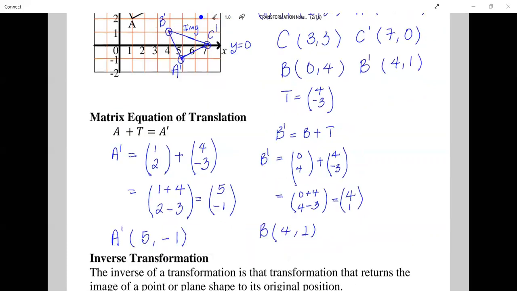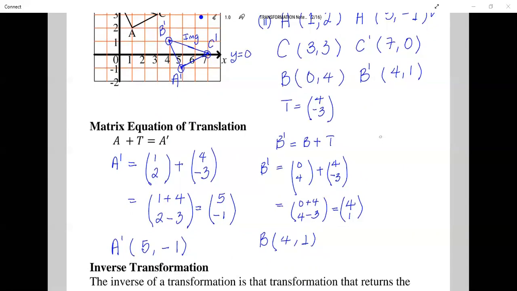If we did it for C, it would also work. C prime is equal to C plus T. So C is 3, 3 plus 4, minus 3. So this is going to be 3 plus 4, and 3 minus 3, because a positive times a negative is a negative.